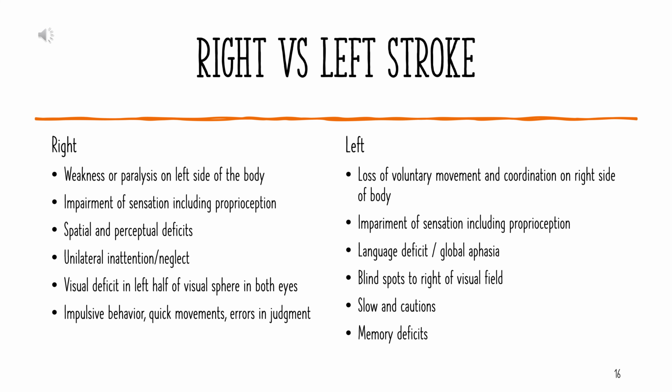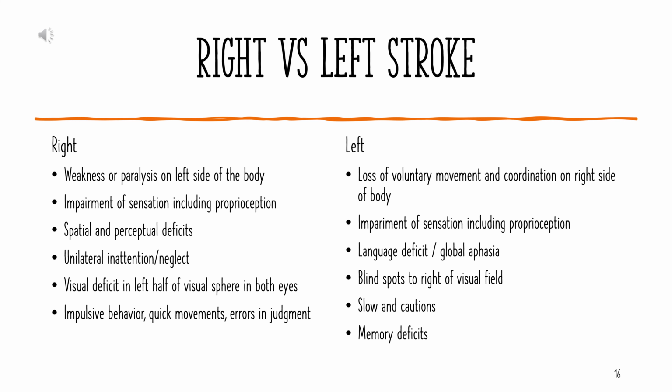With a right-sided stroke, you can have weakness or paralysis on the left side of the body, an impairment of sensation including proprioception, which, as I discussed, is an important umbrella that falls above lateralization, spatial and perceptual deficits, unilateral inattention or neglect, which will cause a person to completely disregard one side of their body, visual deficit in the left half of the visual field in both eyes, which again can impair that inattention to one side of the body, and impulsive behavior, quick movements, and errors in judgment, which can impact the way we navigate our environment and jeopardize our safety.